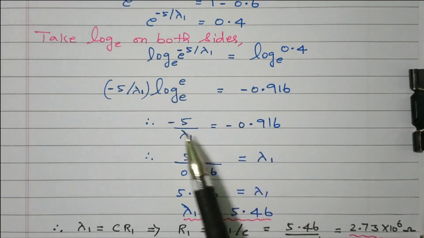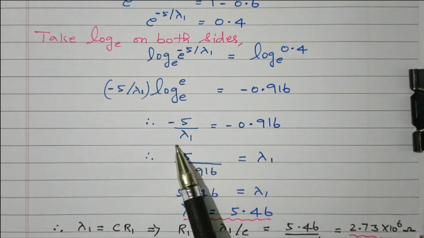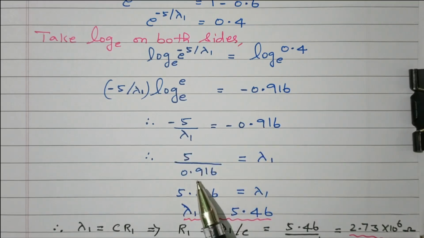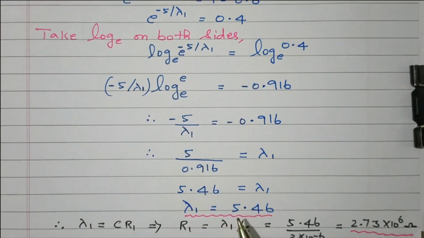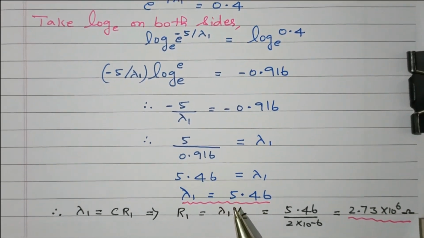Minus is available on both sides, so bring lambda 1 to that side and 0.916 to this side. So 5 divided by 0.916 equals lambda 1, that is 5.46.